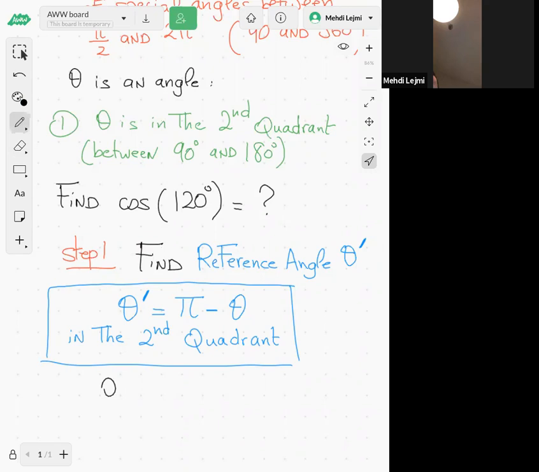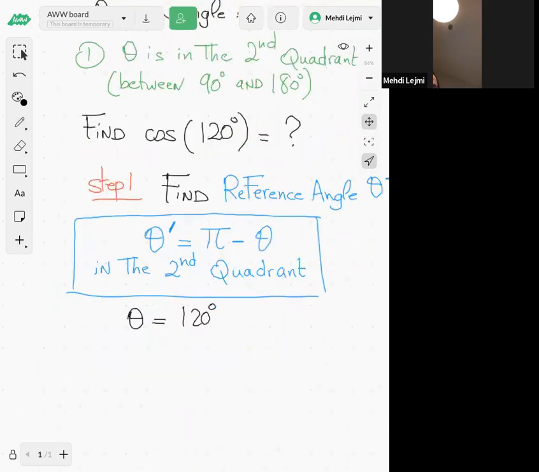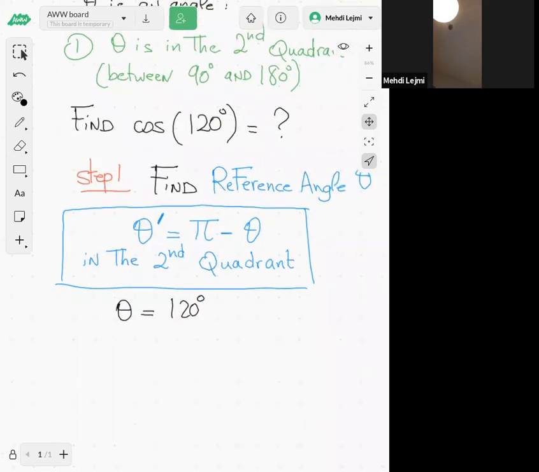So theta is 120. It doesn't make it negative because pi is 180. So then the reference angle theta prime.